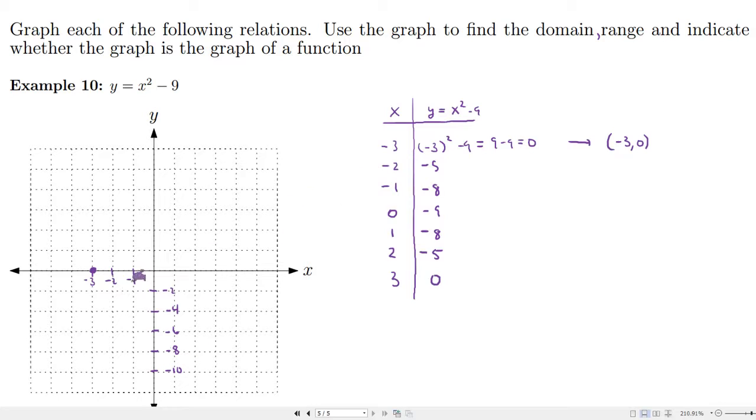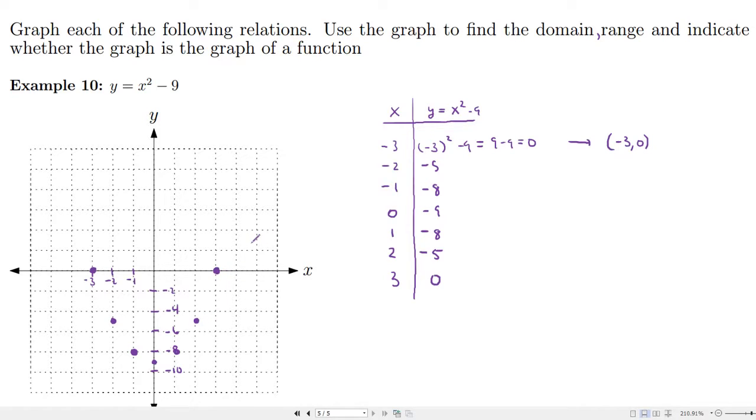Okay, so -2, -5. -1, -8, and then 0, -9, 1, -8, 2, -5, 3, 0.